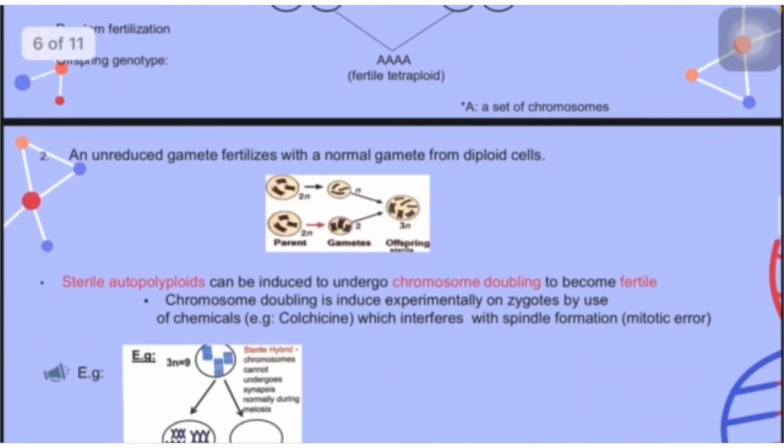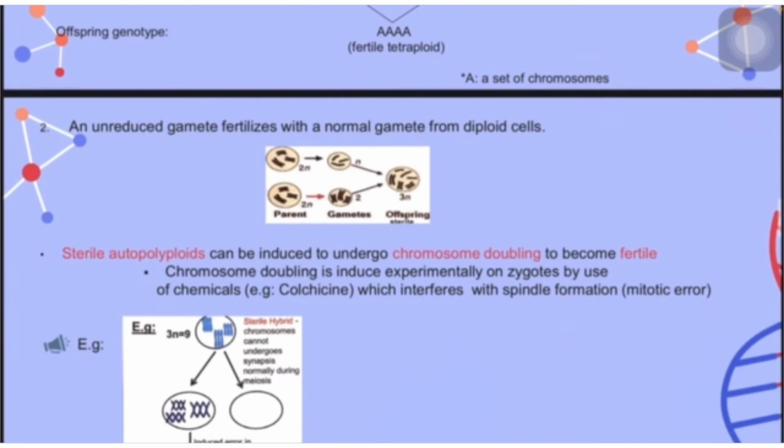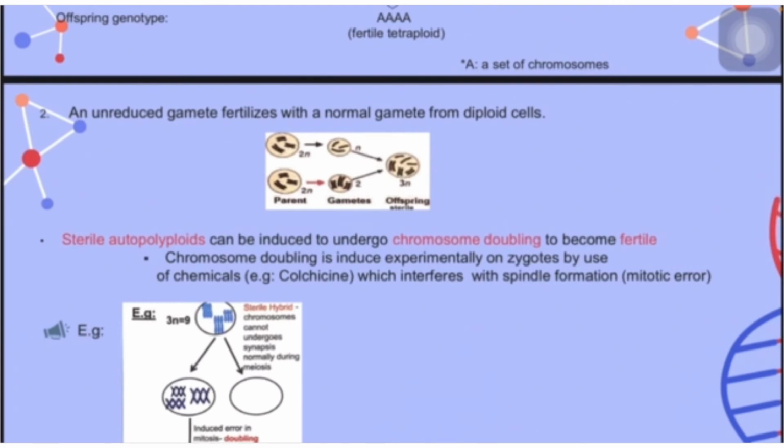Next is an unreduced gamete fertilized with a normal gamete from diploid cells, where chromosome doubling is induced experimentally on zygotes by use of chemicals, which means a diploid cell will fertilize with a haploid cell.